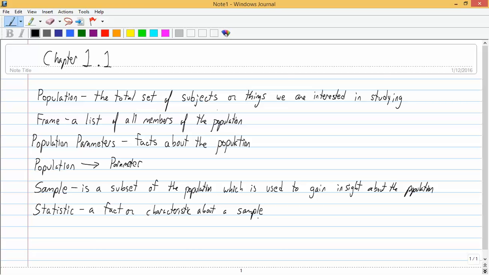All right, and so just like population parameter, you want to think sample statistic. So just a play on the first letter of the words. So that finishes 1.1.